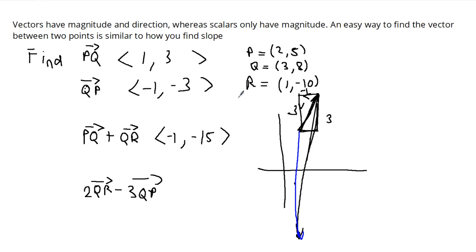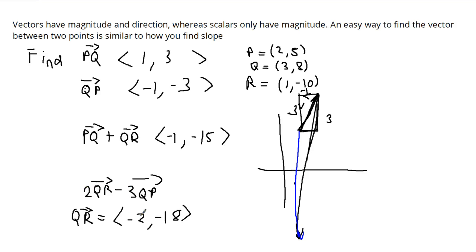Okay. So 2QR minus 3QP. First of all, do we have QR yet? No, we don't, so we've got to find QR. QR is equal to <1 minus 3, -10 minus 8>, which is <-2, -18>. So 2QR is 2 times this. That's how you do the linear combinations.